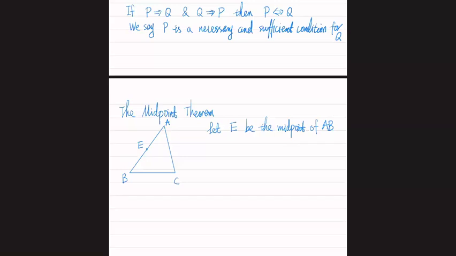Then with the line, if EF is parallel to BC, then F is also the midpoint of AC.